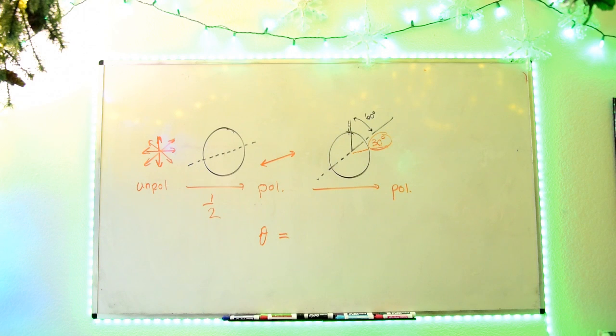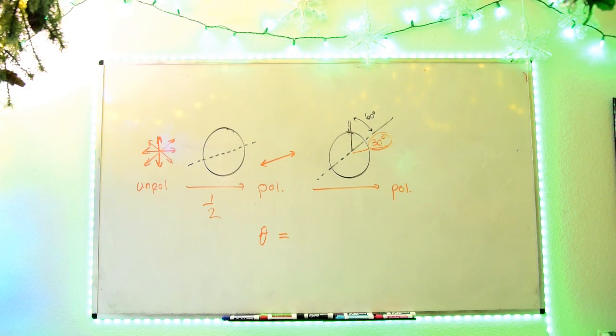Now for 17: suppose that the second polarizer is rotated until its transmission axis is perpendicular to the first polarizer. Okay, so what does that do? The same question is, what is the percentage of the intensity that exits out?